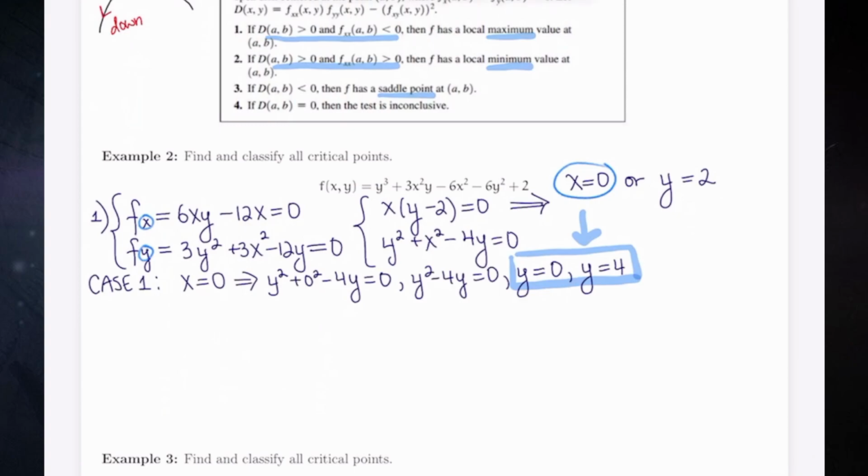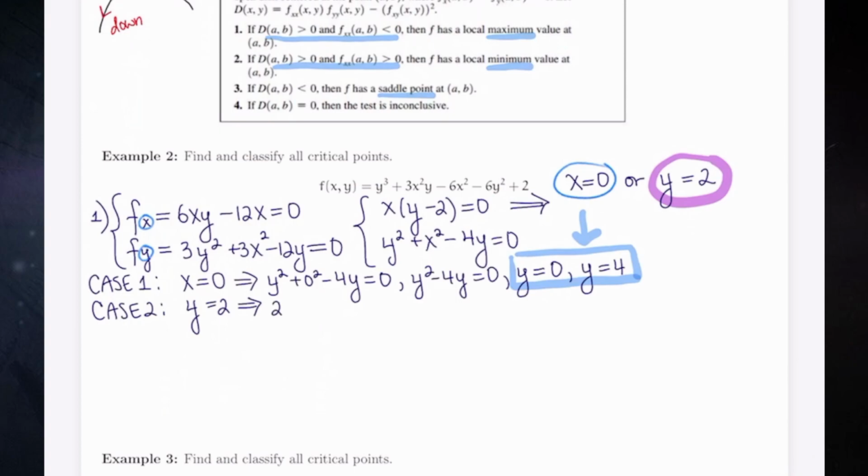Now, let's see. What about case number 2? For case 2, we say, if x is not equal to 0, then y has to be equal to 2. So we write y is equal to 2. And what do we do now? We plug that 2 into the second equation.